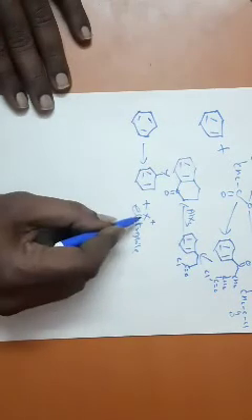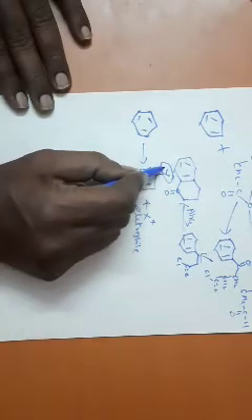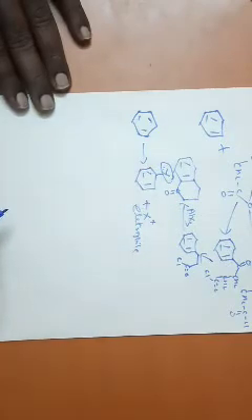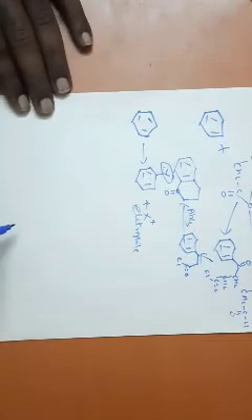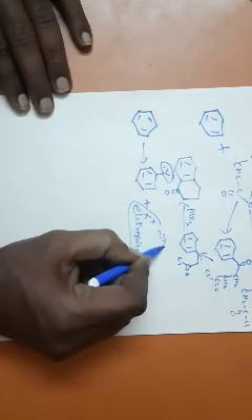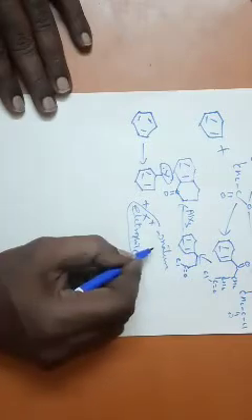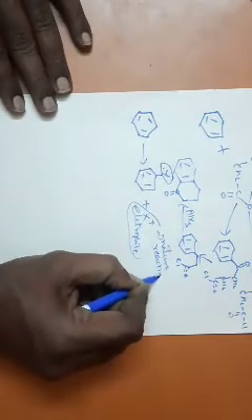The attack of the electrophile now depends on the substituent that is already present in the phenyl ring, Y, and also on the nature of the electrophile, or the reactivity of the electrophile.